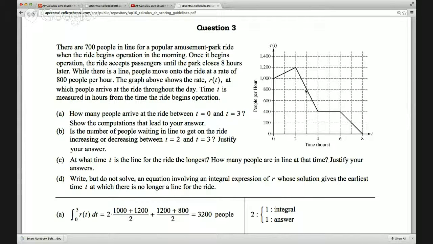All right. So 800 times 3 is what? 2,400. Okay. And then up here, let's see, we've got this little trapezoid here. Base, can't see exactly what that is.